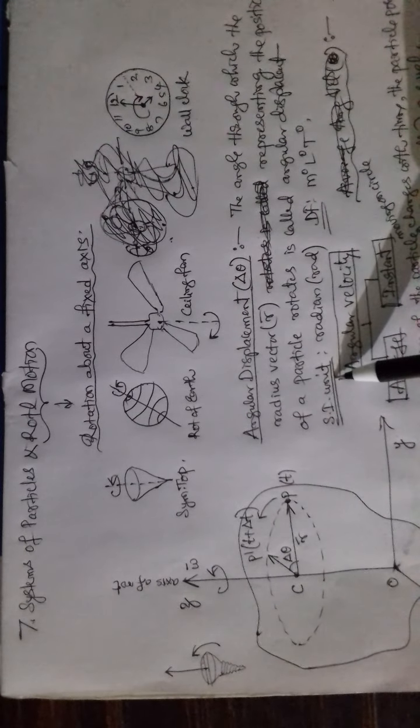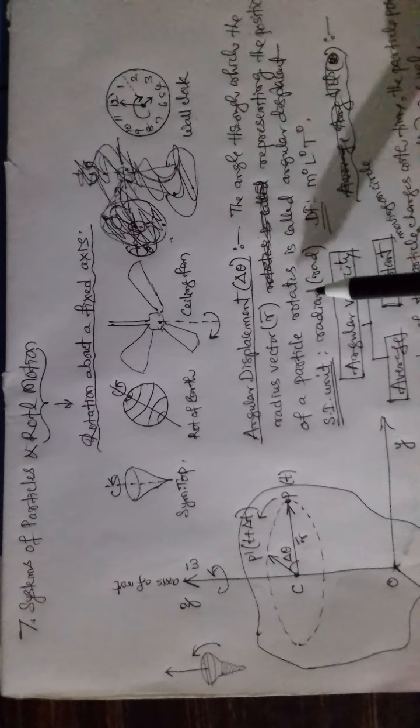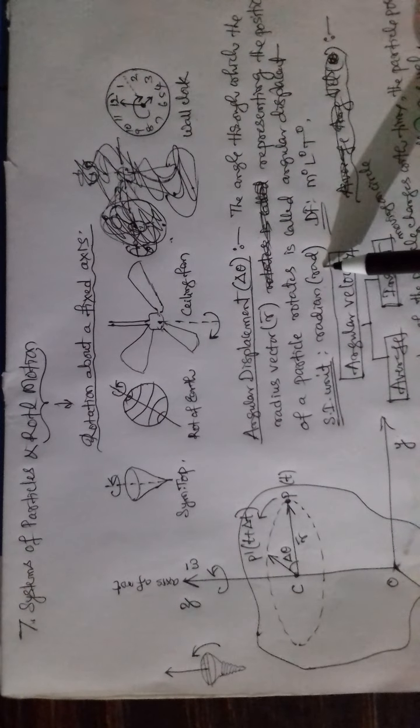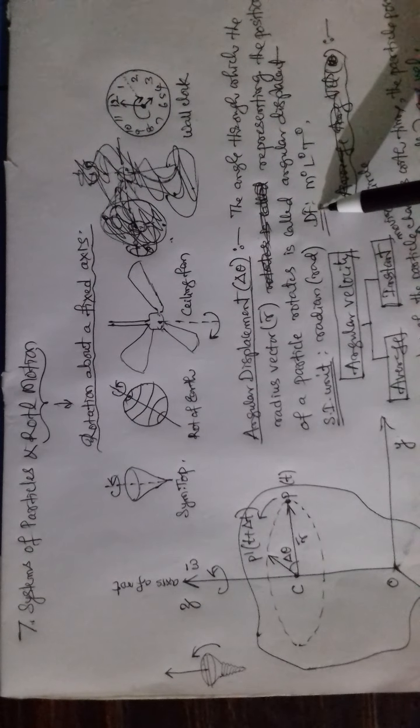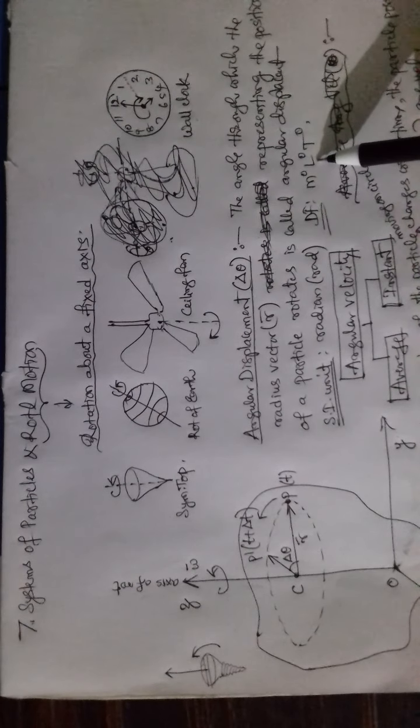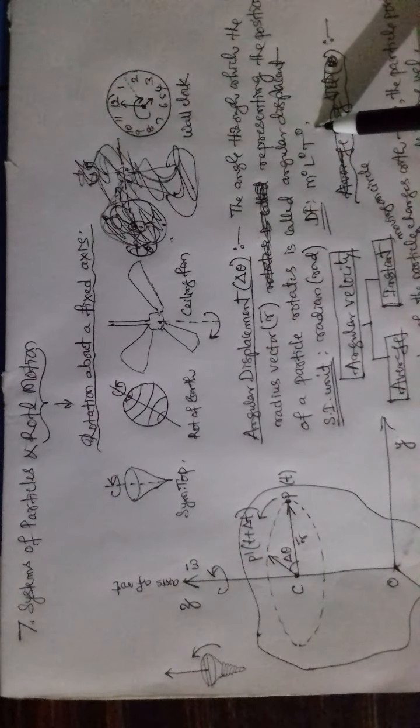Its SI unit is the radian. Angle is measured in radians, that you know. Its dimensional formula is M to the power 0, L to the power 0, T to the power 0. It means it is a dimensionless quantity.